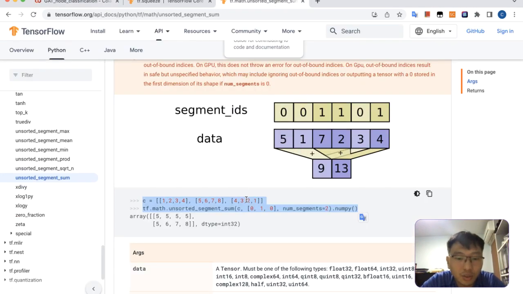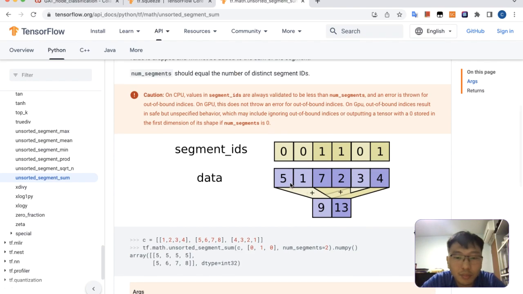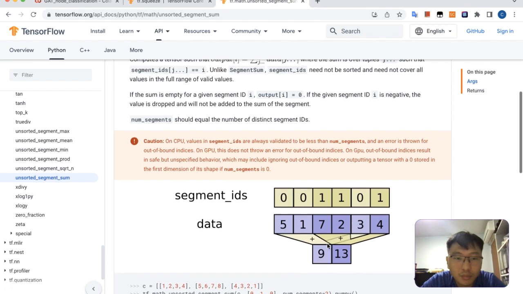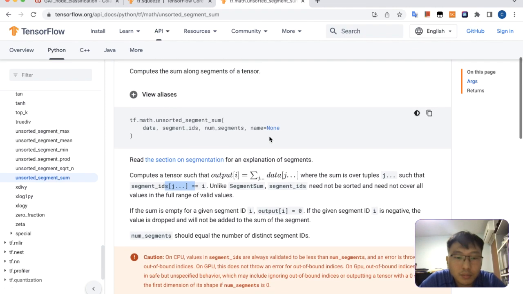Okay, I got this wrong. So a segment ID, a tensor of shape is a prefix of data dot shape. Okay, segment IDs need not be sorted and need not cover the full range of values.